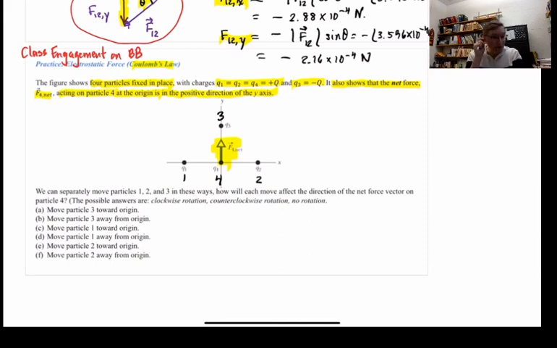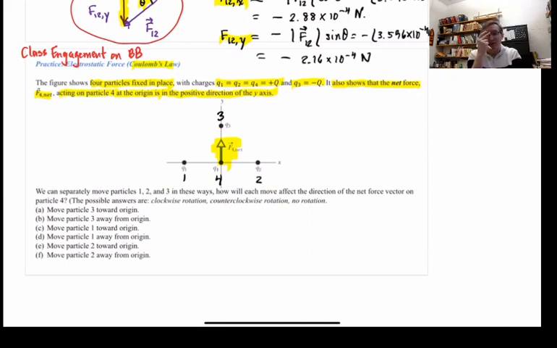Draw on 4, F14, F24, and F34, and convince yourself how, by vector addition, F net 4 points in the direction of this arrow that you see. That's important to understand before you start the actual exercise, okay?